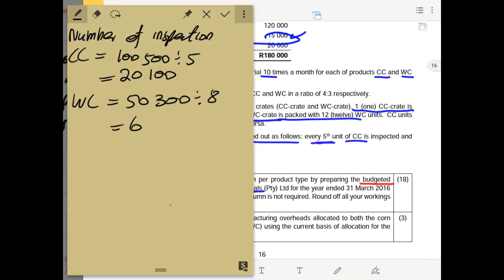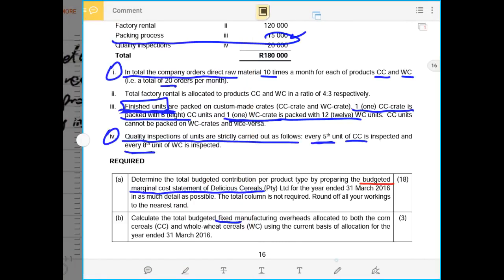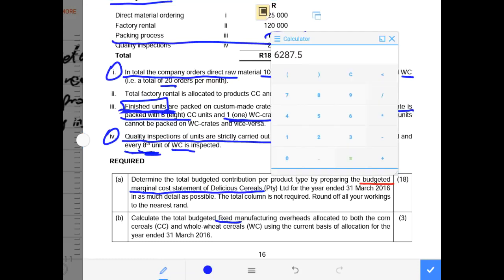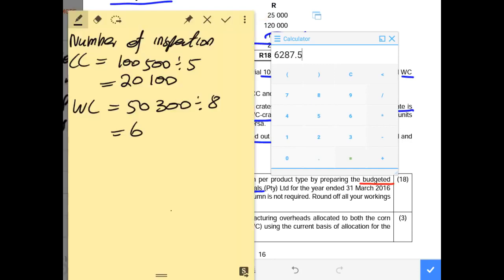For every fifth product and for every eighth for product WC, yes. So I was correct. It will be 6,288.